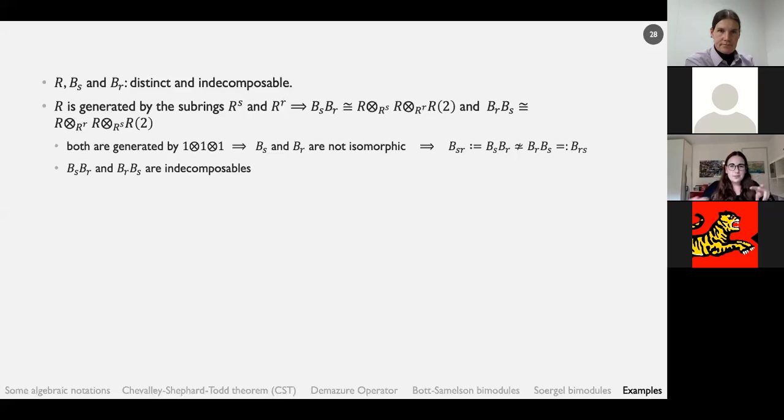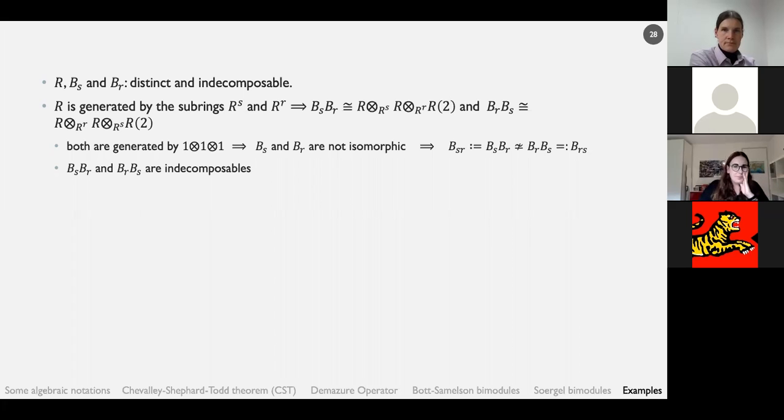From these two equations, we can see that both are generated by 1 tensor 1, and this is obviously in different degrees. So this implies that B_S B_R and B_R B_S are not isomorphic.